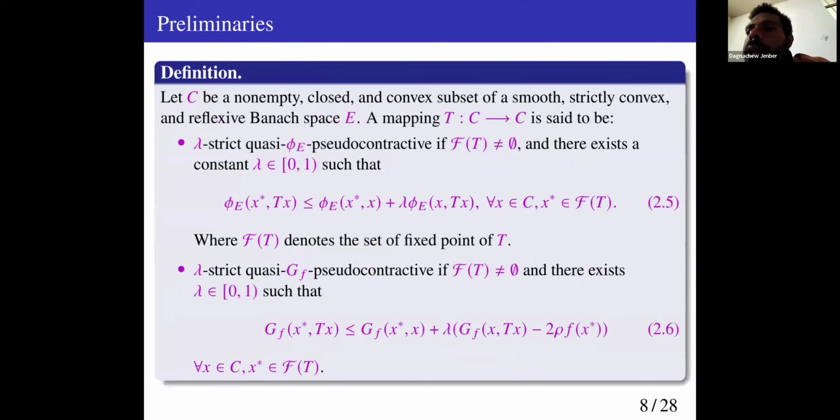And this is just the definition of the class of mappings: lambda strict quasi-phi pseudo-contractive mapping defined by 2.5 and lambda strict quasi-J pseudo-contractive mapping as defined by 2.6.